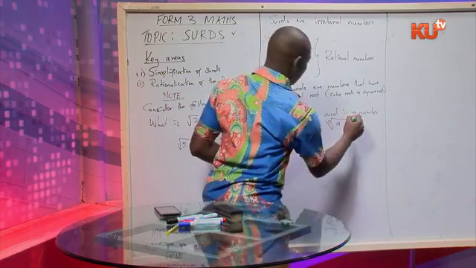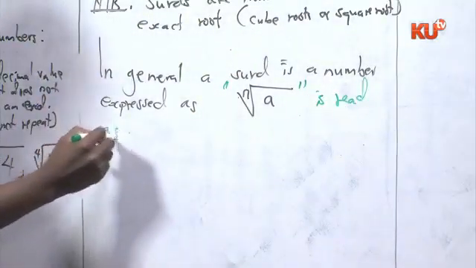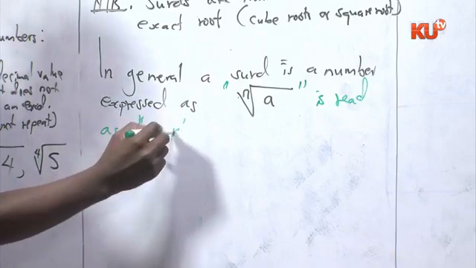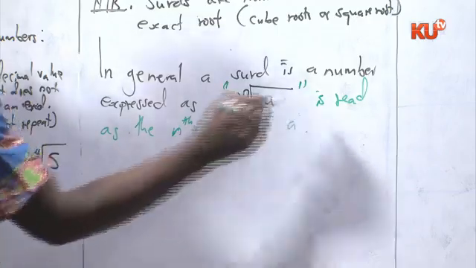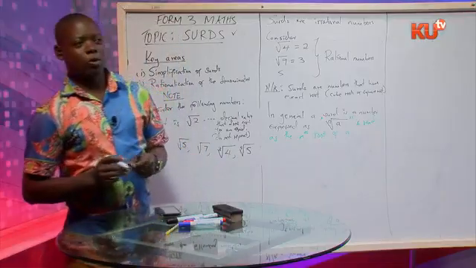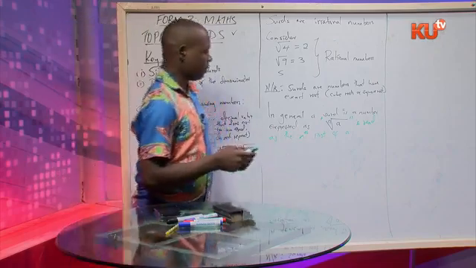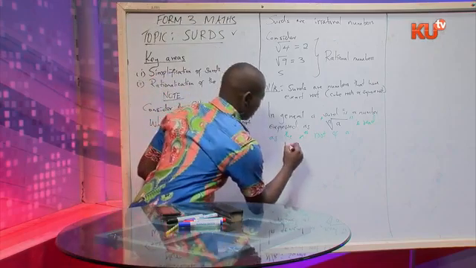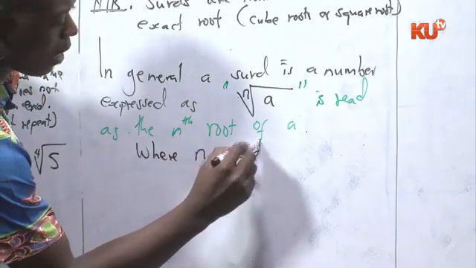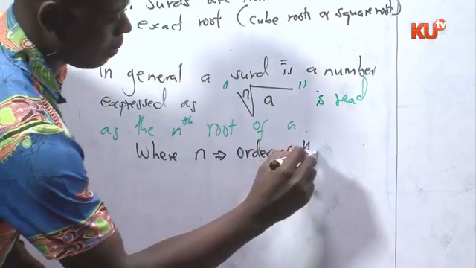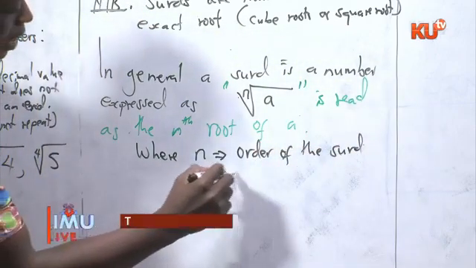If you read this surd, it is read as the nth root of A. What does n stand for here? n represents what we call the order of the surd, and A is our number.